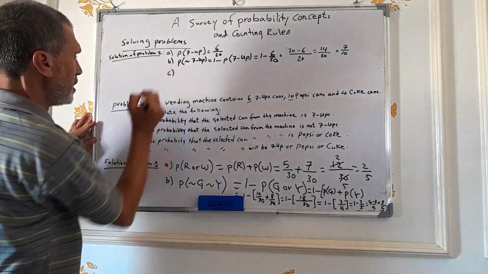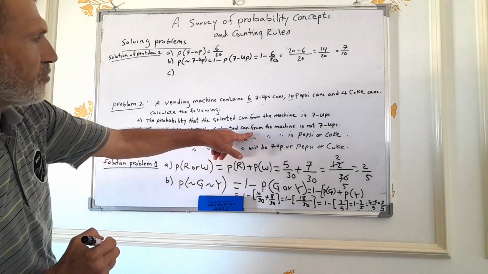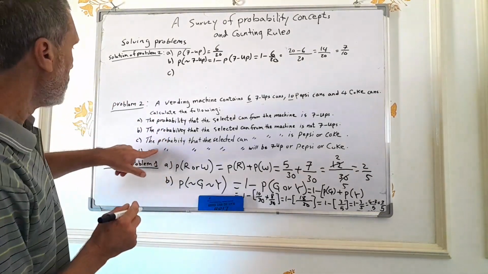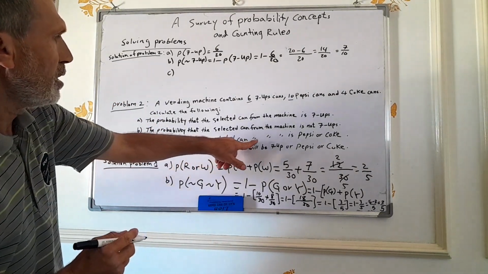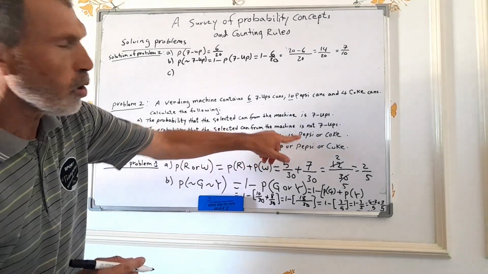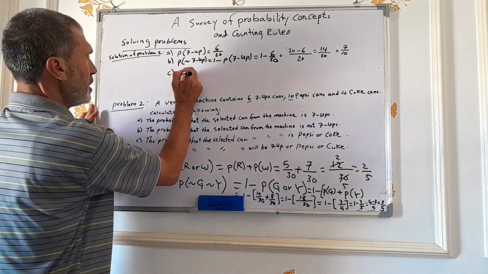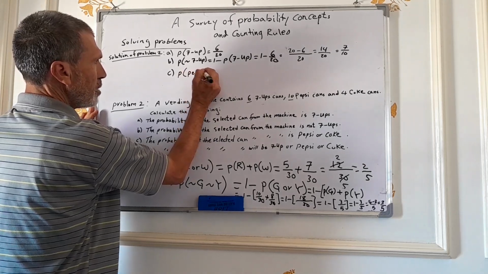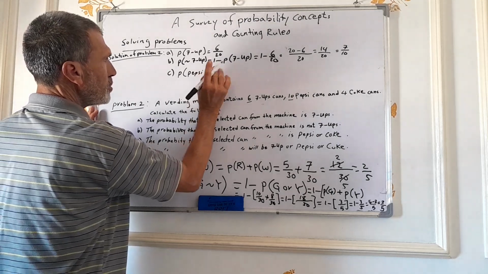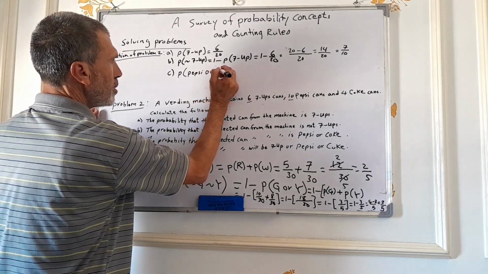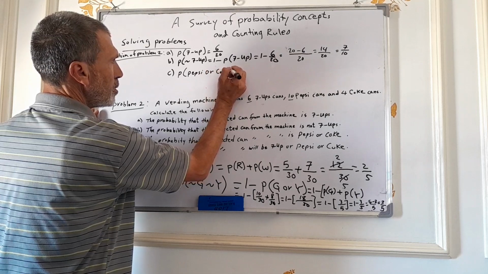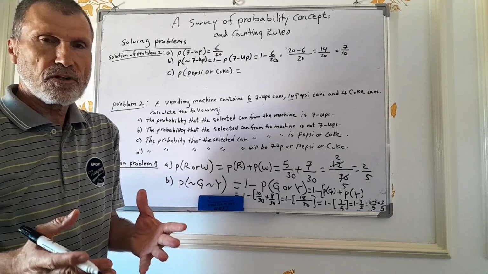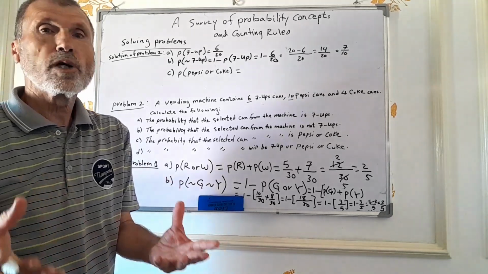C, the probability that the selected can from the machine is Pepsi or Coke. Probability of Pepsi or Coke is equal, of course, the can is either Pepsi or Coke. Therefore, the events are mutually exclusive.